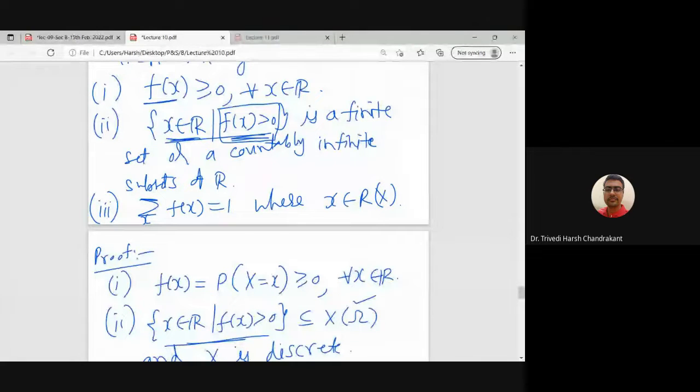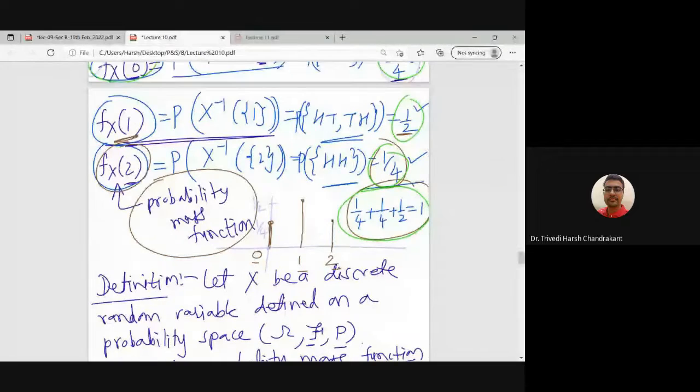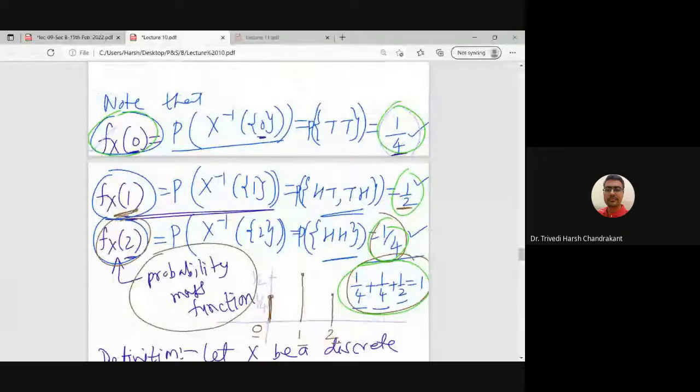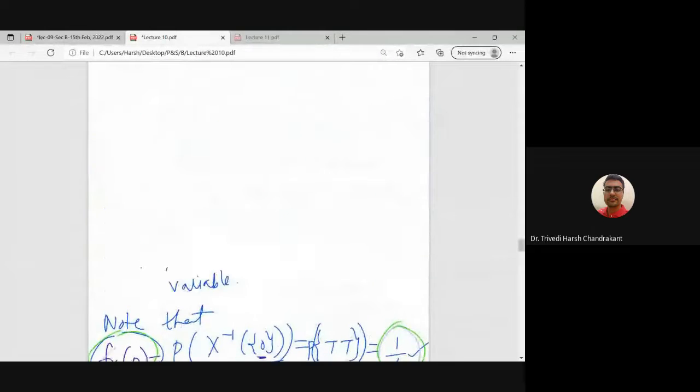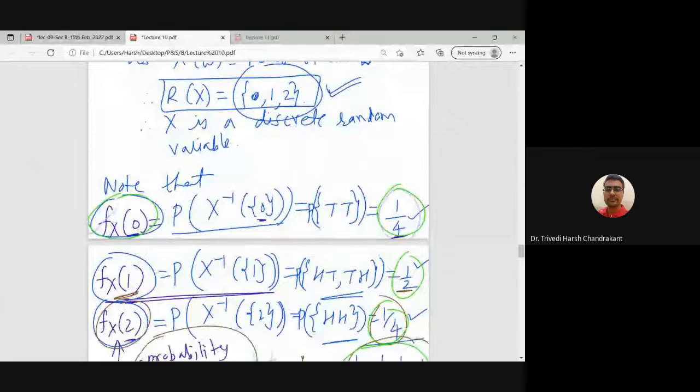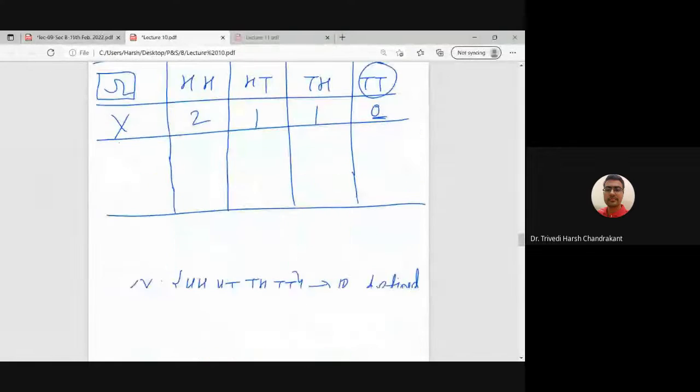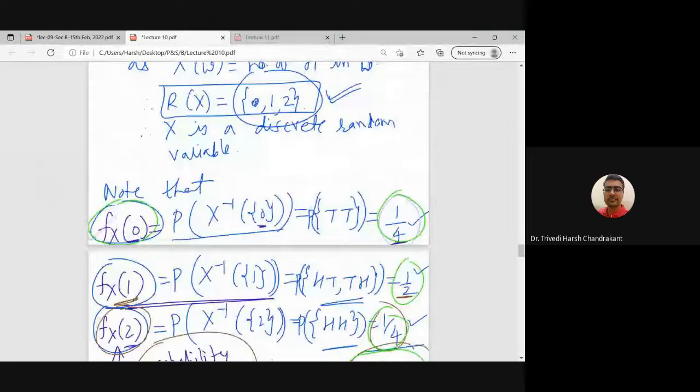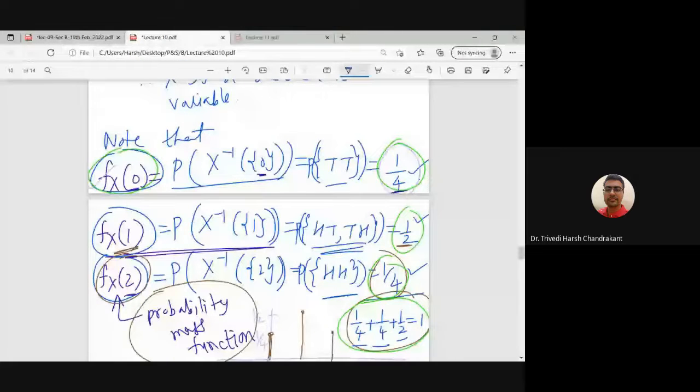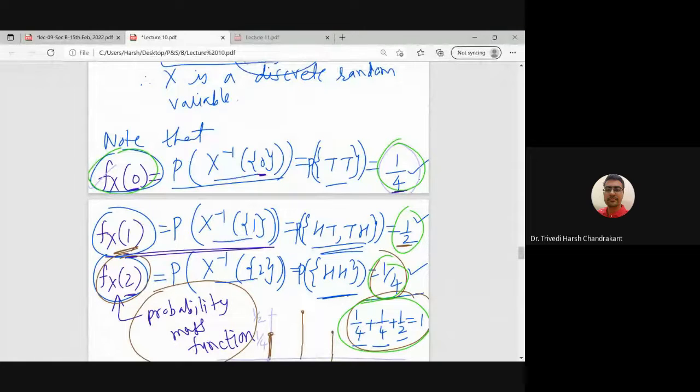Now the last property we need to check is essentially to show that 1/4 plus 1/4 plus 1/2 is 1. So why is this happening? Because we have mentioned that these three sets, TT, HT/TH and HH, which are the inverse images of the three values 0, 1 and 2, form a partition of the sample space.